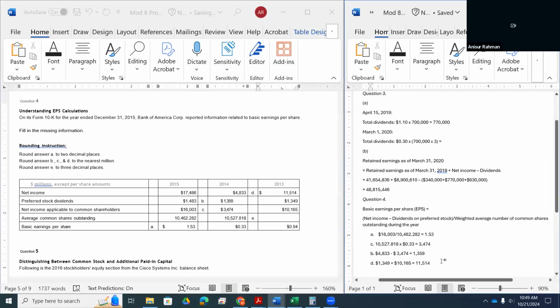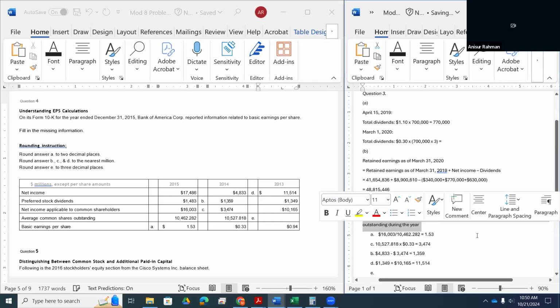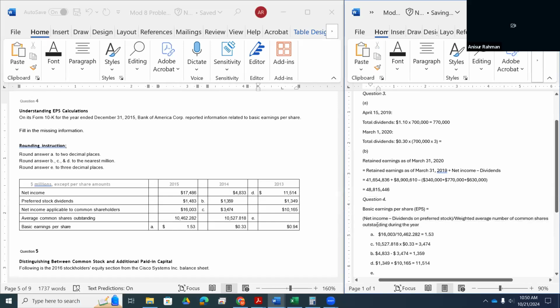Now for part E, we have to find out average common shares outstanding. So if we take this amount and then divide by basic earnings per share, that should give us average common shares outstanding. If you look into this formula, we need to find out average common shares outstanding, this denominator.